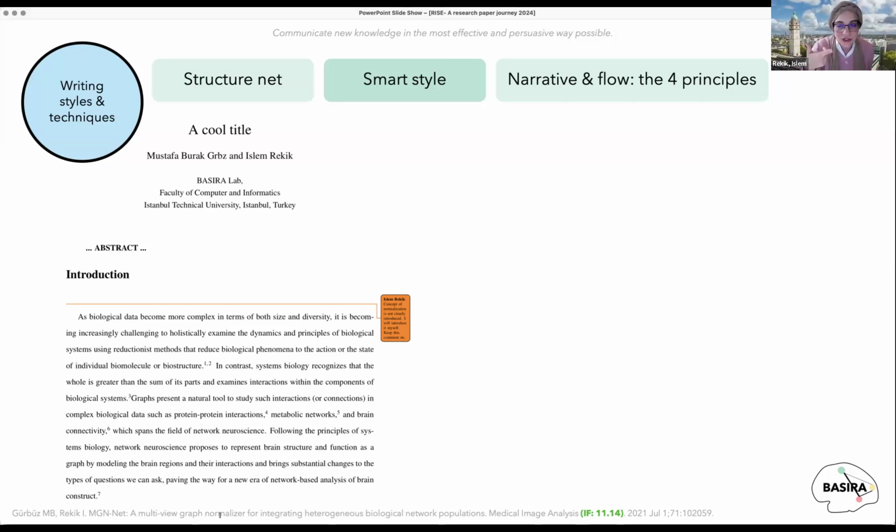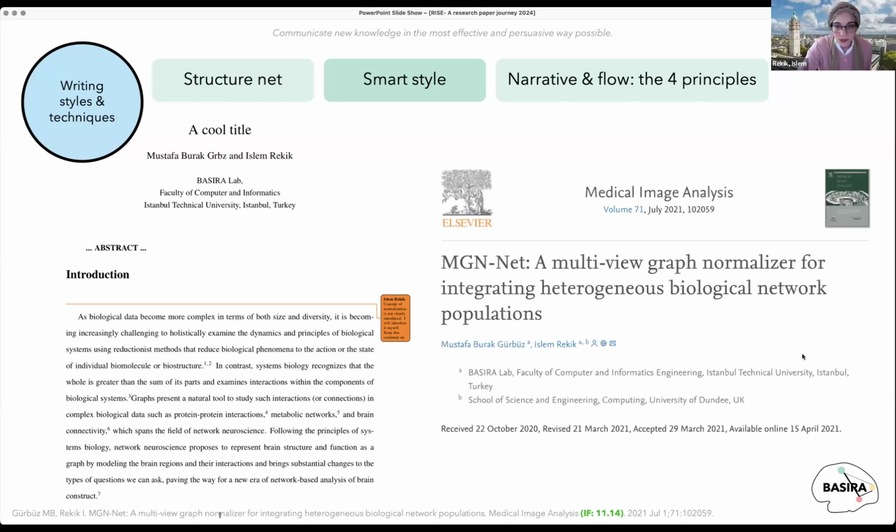It's important to choose a very catchy and simple title. This paper was published in 2021 by one of my former undergraduate students. It was also an extension of a MICCAI paper from 2020, which got an early accept. It's a nice example to follow in writing.